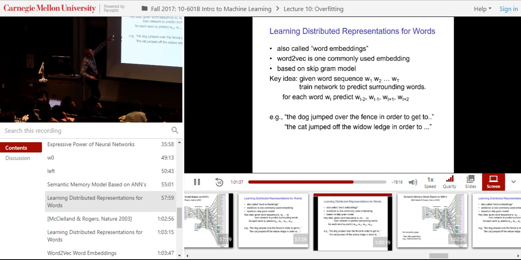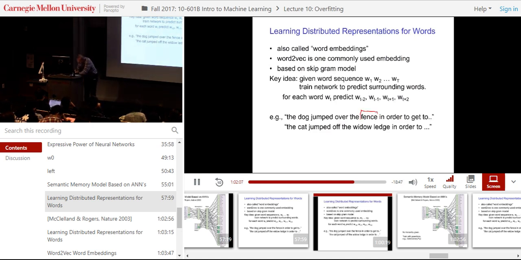It's based on what we call the skipgram model, which is a very simple idea. Given a sequence of words, like news articles, for example, we'd see sequences of words maybe like the dog jumped over the fence in order to get to whatever. We train a network that on every word, the job of the network is to predict the words before and after it.